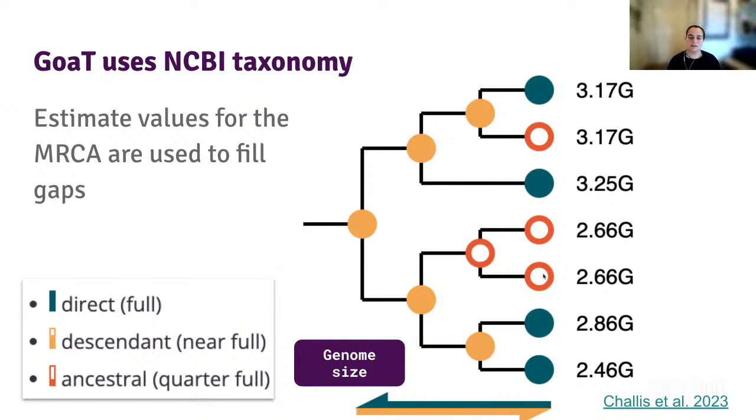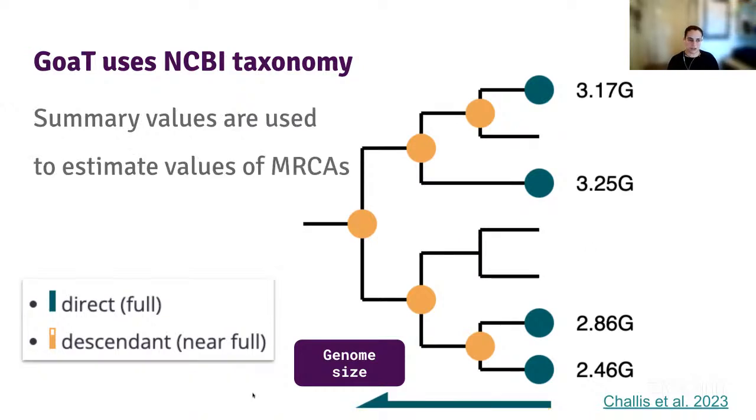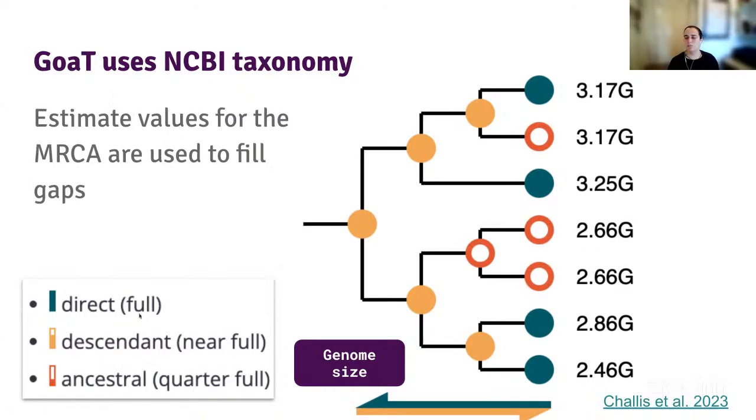So in a sense, you get a color code for how reliable the data is for a taxon. But also on GoaT, you can see how far back the estimate is coming from. If an estimate is coming from the level of genus or family, like this one, it is not as bad as if it had to come all the way from, I don't know, phylum to fill up that value.